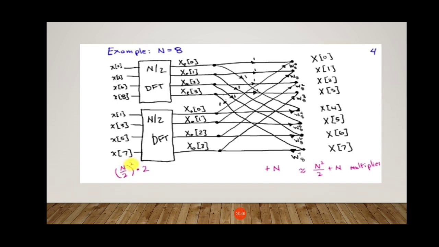So the last 4 terms of capital X(k) will be subtraction after you multiply with the twiddle factor. That is why the upward going arrows are for addition for the first 4 values of capital X(k).